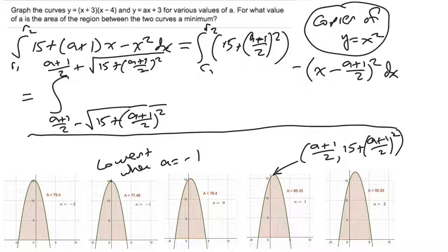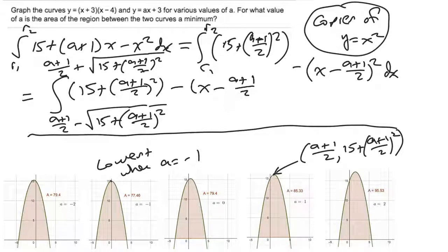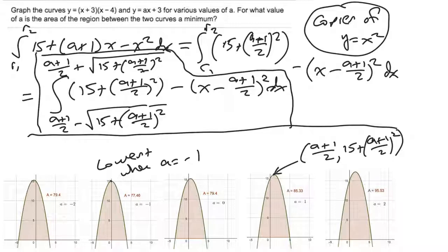And the rest of it would look like this. So this is the integral that you would have to complete in order to get the area as a formula in terms of a.